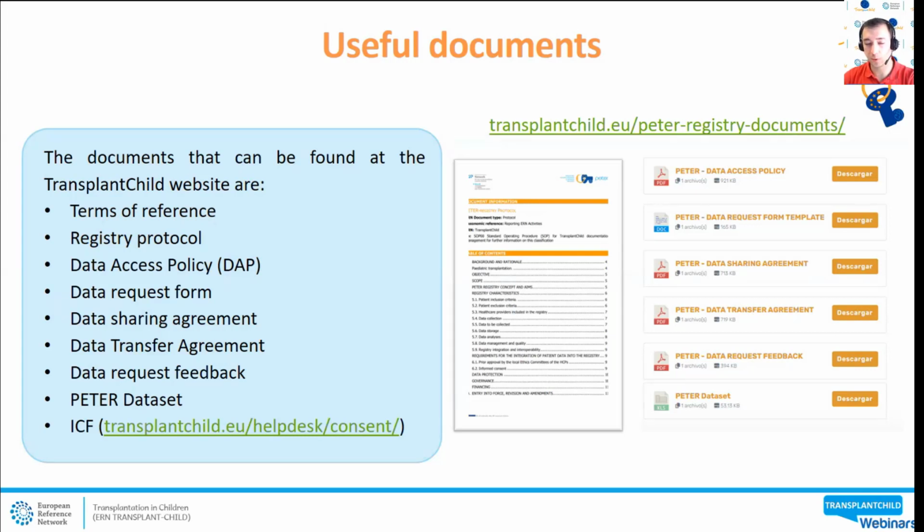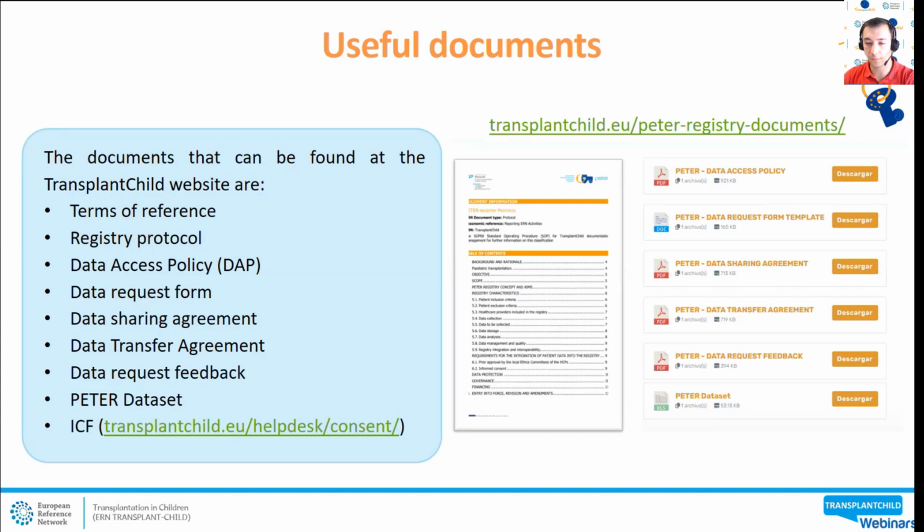The data access policy is also available in this platform. This is a document that establishes the conditions for sharing data and to whom we are allowed to share the data with.